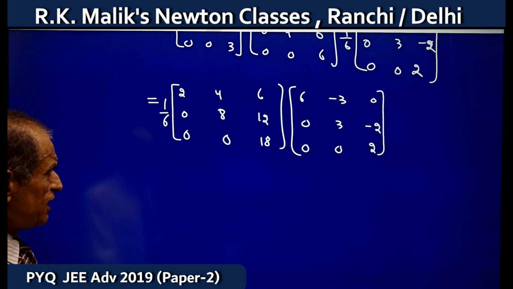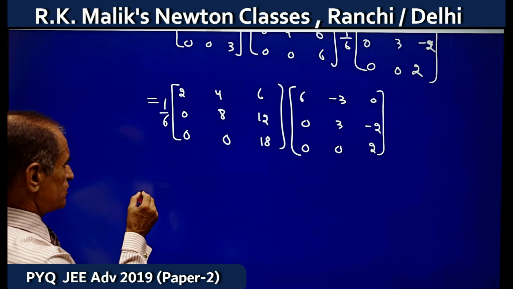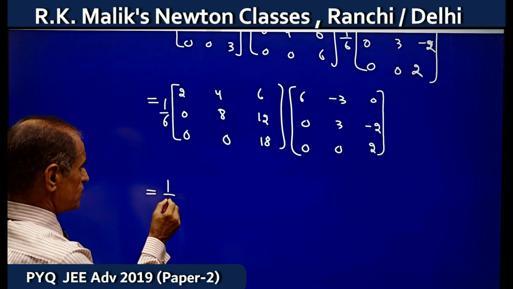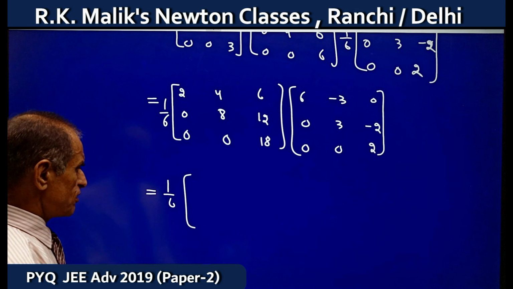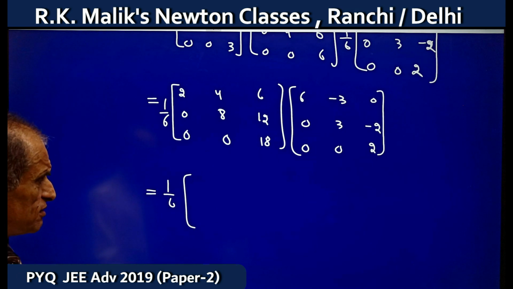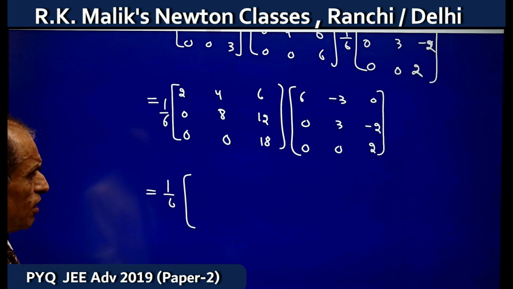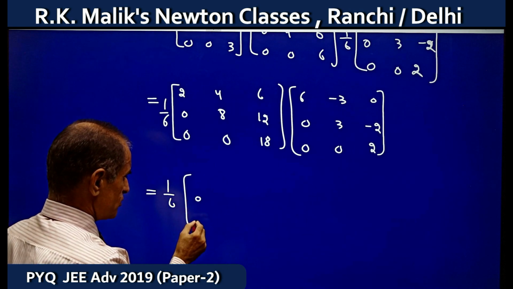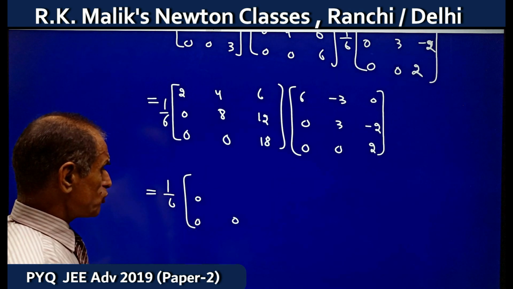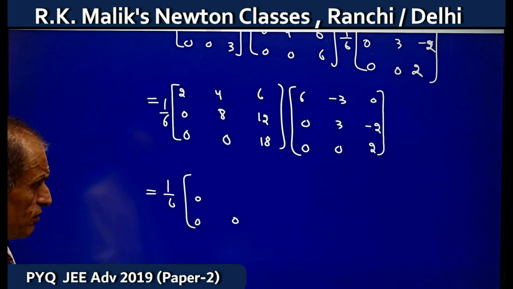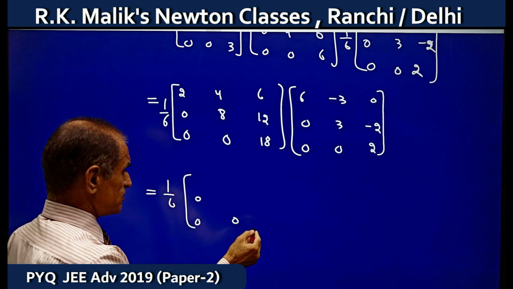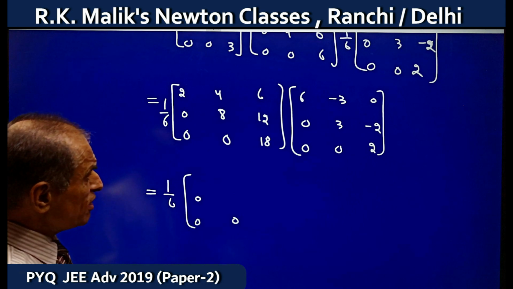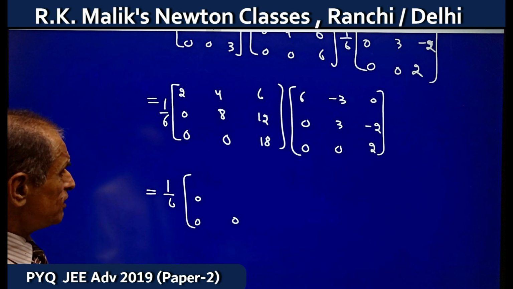Because these two are triangular matrices, it is very easy to find the resultant matrix. Both are upper triangular, therefore the resultant matrix will also be upper triangular. The elements at the diagonal are very easy to find.